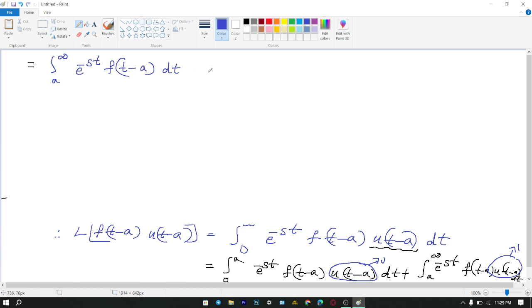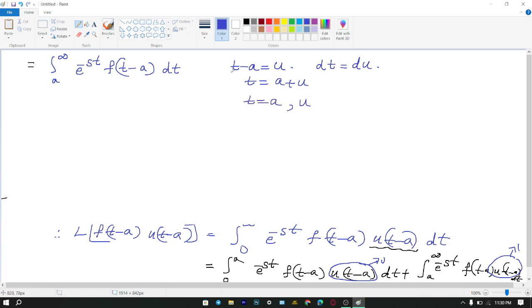Now here we can use one substitution. Put t minus a equal to u. So we have t equal to a plus u, and dt equal to du. When t equal to a, what is u?